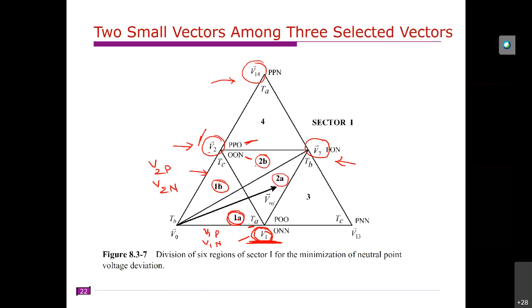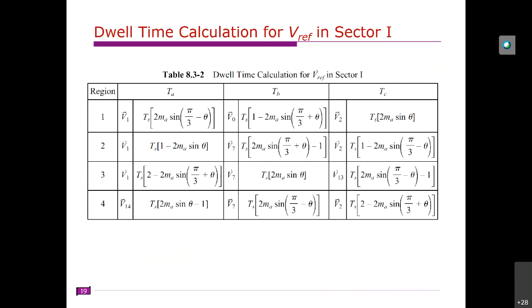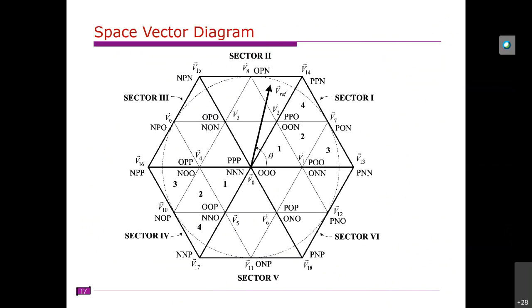Usually, for example, if the modulation index is very small and it is always operating like this, this capacitor voltage problem is especially visible. For example, this is the V reference. It will always be with V1, V2, V3, V4, and V5, right?